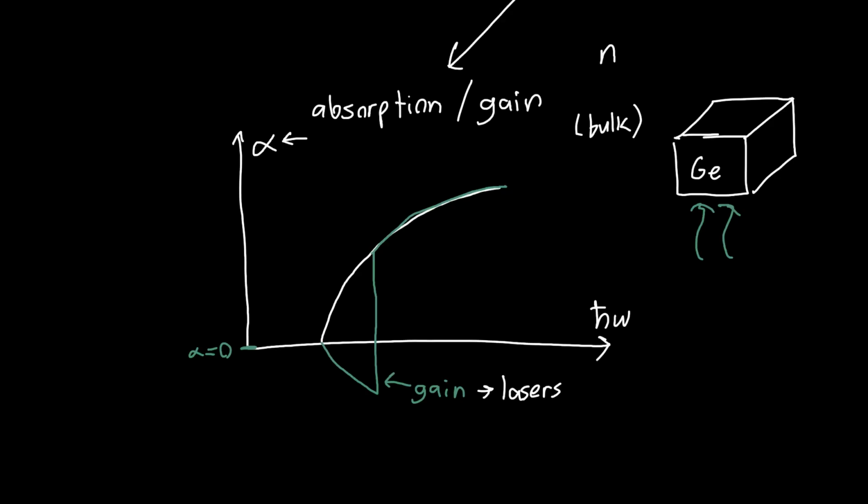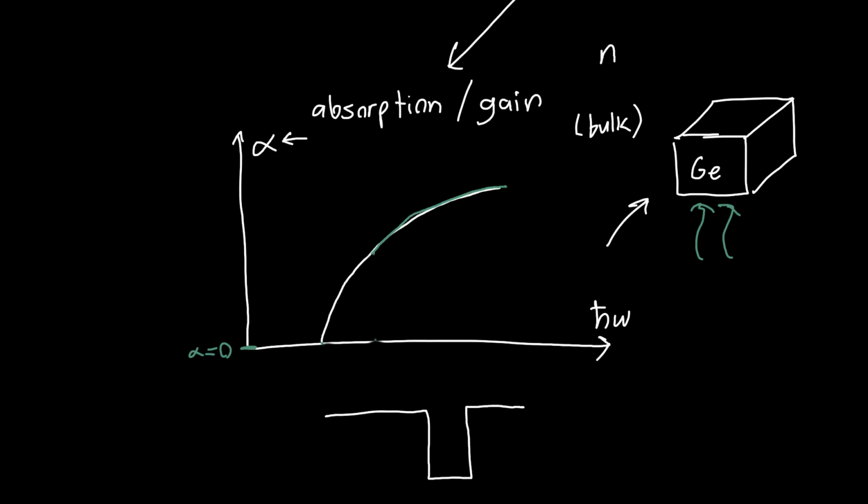But it turns out that instead of just having this hunk of germanium or gallium arsenide or whatever light emitting or absorbing material, it's actually way, way more efficient to have what are called quantum wells inside your system. And so we'll analyze what exactly the absorption spectra looks like in that case.